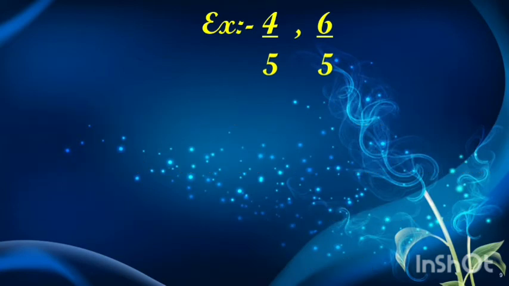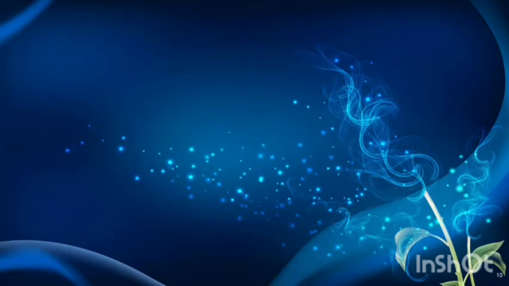When denominators of two or more fractions are the same, the fraction with the greater numerator is the greater fraction. Here in the question, between 4 and 6, since 6 is greater, 4 upon 5 is less than 6 upon 5.